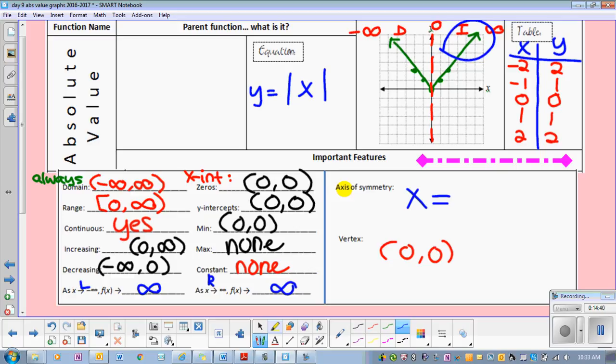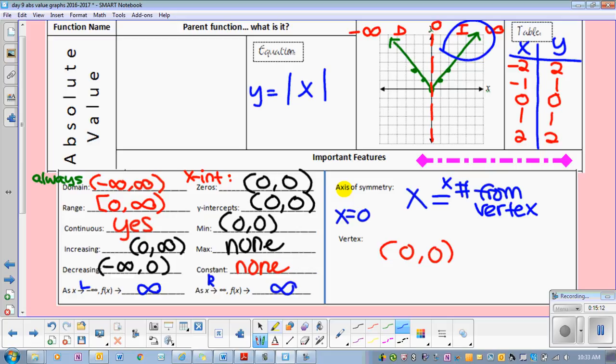Let's write this down. x equals, just get the x number from your vertex. So for this one, it would be x equals 0. Axis of symmetry, x is. It is an equation. You have to tell me x equals. Questions?